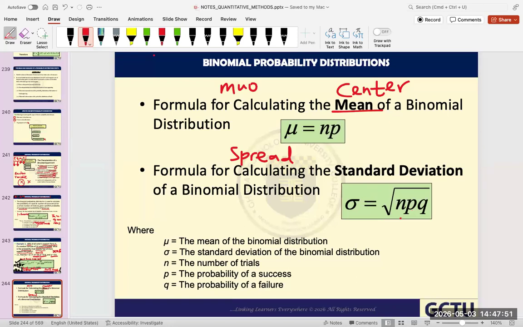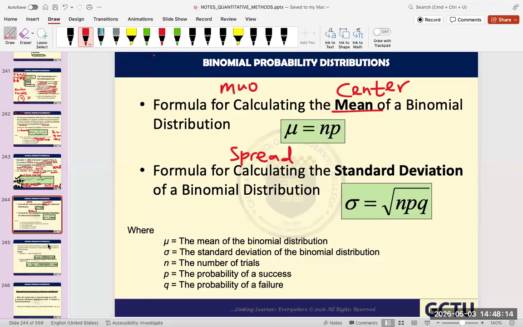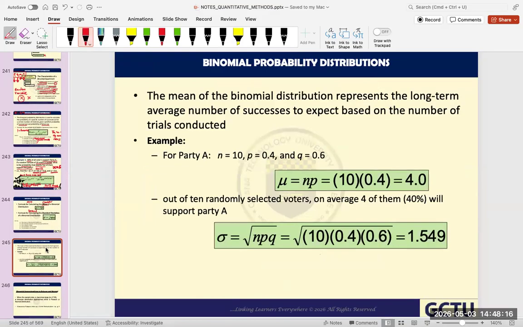Once you get your n, once you get your p, once you get your q, it means that you are ready to find your spread. So these two are simple formulas that help you in binomial to find the center and the spread of the binomial. Let's learn how to apply it.